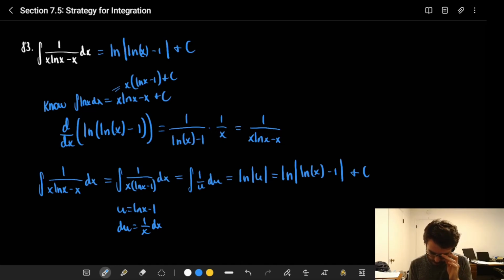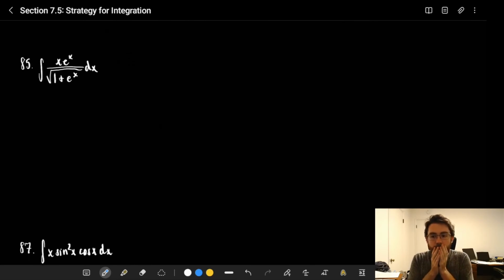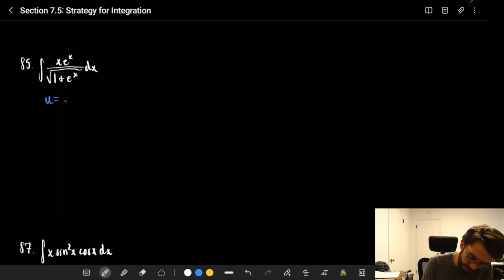Next one. I think there are only like 5 left. X e to the x, 1 plus e to the x under a square root. Why not? Take the square root as u. So many u subs in this problem set.